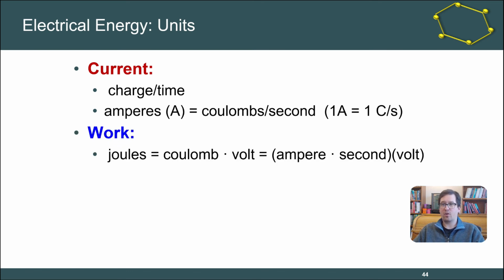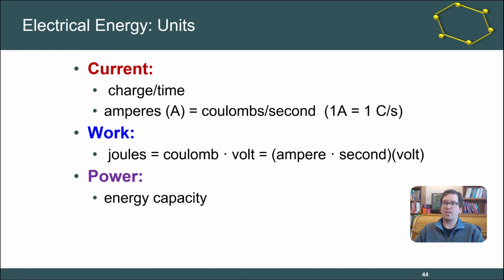For chemical or electrical work, joules are the units for energy, and they are coulombs times volts. So we can substitute in an ampere: an amp second times a volt is the same as a joule.